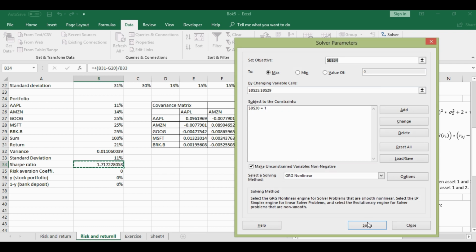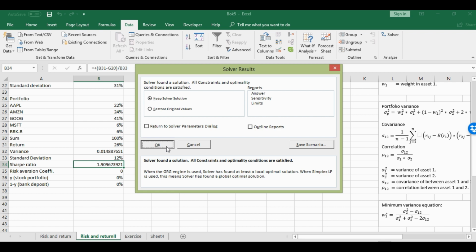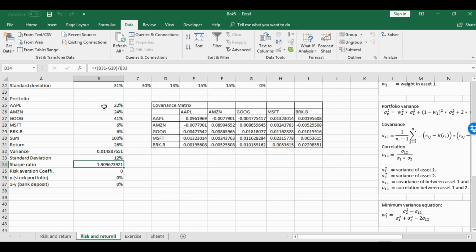Okay, solve. This gives 22% in Apple, 24% in Amazon, 41% in Google, 6% in Microsoft and Berkshire, and this gives the Sharpe ratio of 1.90, the return of 26% and standard deviation of 12%.